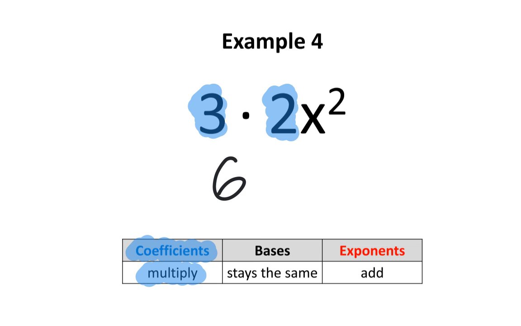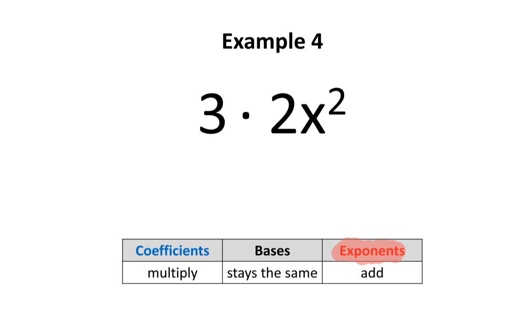Afterwards, we want to take a look at the bases. There doesn't appear to be any base over here, and the base here is a variable of x. Bases stay the same. So even though one of these terms is missing a base, you're still going to write the variable of x since they stay the same. The last step of the product rule involves taking a look at the exponents.